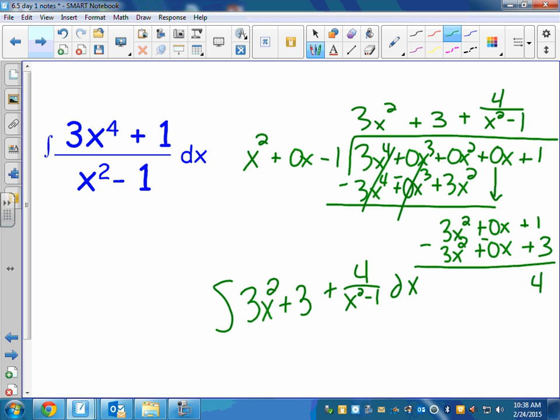Does this fit arctangent? Ah, so close. If it was only a plus, it would fit arctangent. It fits nothing, which means now you can integrate this part, but now over here separately, you need to do 4 over x squared minus 1 equals a over x plus 1 plus b over x minus 1 and do all that fun work in addition to all the other work we've already done.